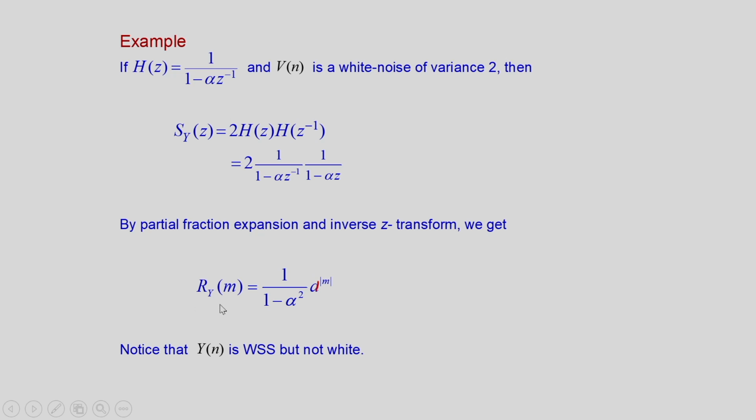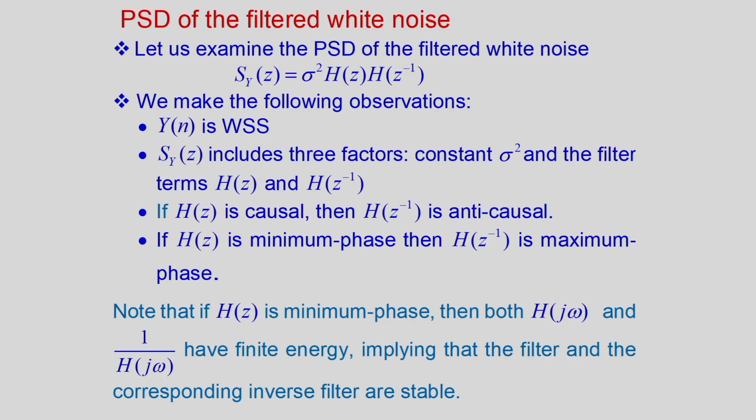Now, we see that Ry[m] is non-zero for the values of m, suppose m is equal to 1, 2, 3, etc. Therefore, Yn is not white, but it is WSS because it is a function of m only, but it is not white. So, that way from a white noise after passing through a LTI system we got a WSS signal which is not white.